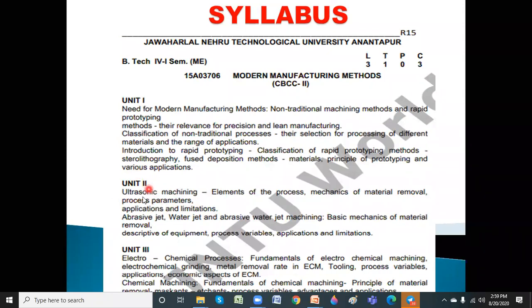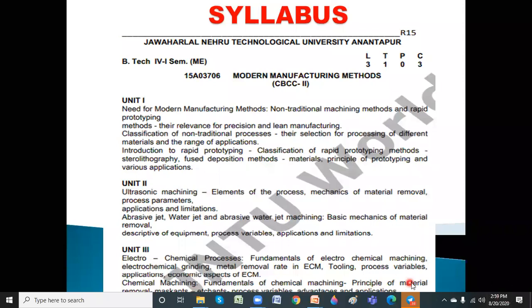All these things we'll discuss. Then we'll go for abrasive jet machining, water jet machining, and abrasive water jet machining, and similarly the basic mechanics of metal removal. These are the second classification. And what are the applications, limitations, everything about ultrasonic machining and abrasive jet machining. Okay, that's what is available.